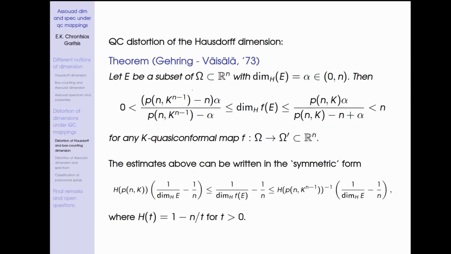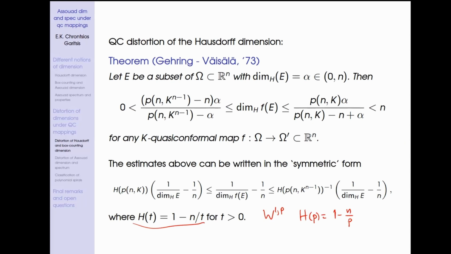Now, these estimates, we sometimes like to write them in the symmetric form involving this h of p. So we define h of t to be 1 minus n over t. And for some Sobolev map, let's say W1p, this h of p is in fact the local Hölder continuity exponent.